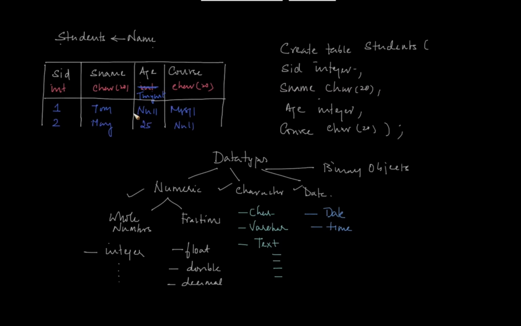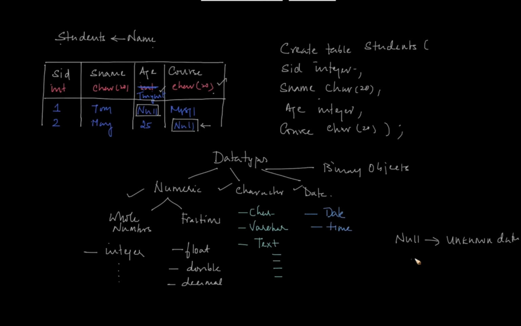In both cases, we put a null value. Here, null is inserted into a column of type character. Here, null is inserted in a column of type integer. It doesn't matter what data type it is, you can always put null into it. Although we say it is a specific type of data, it doesn't have any data type.